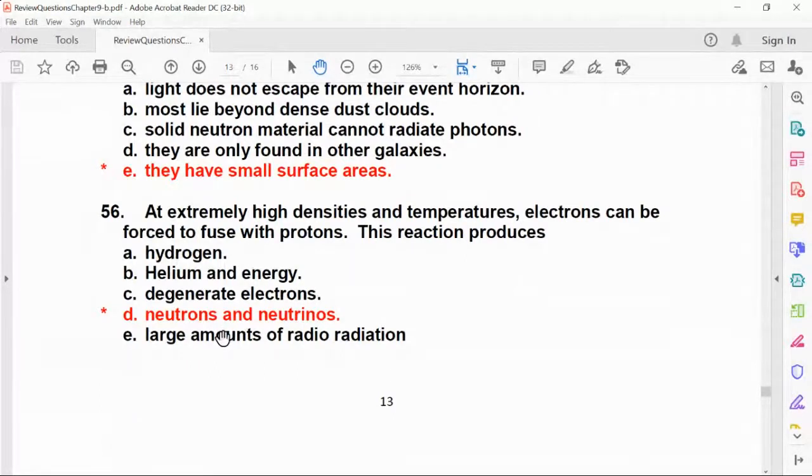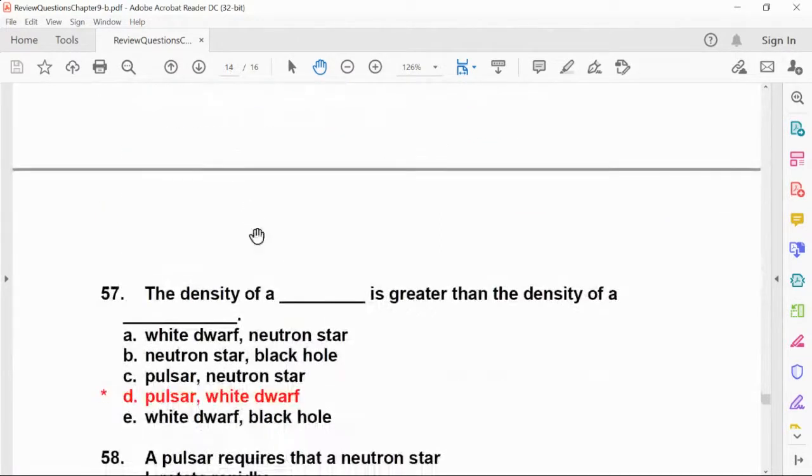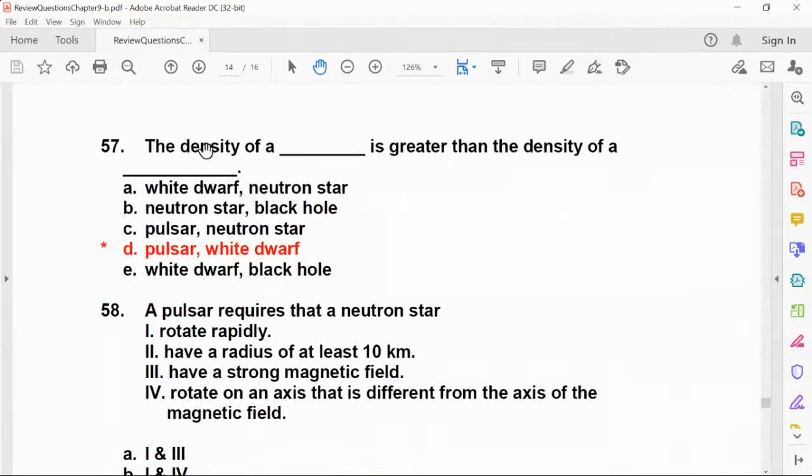And that's what I told you when you get to a neutron star. And of course, there are also elementary particles called neutrinos in the process. And we talked about neutrinos in chapter number 8 when we talked about fusion in the sun.